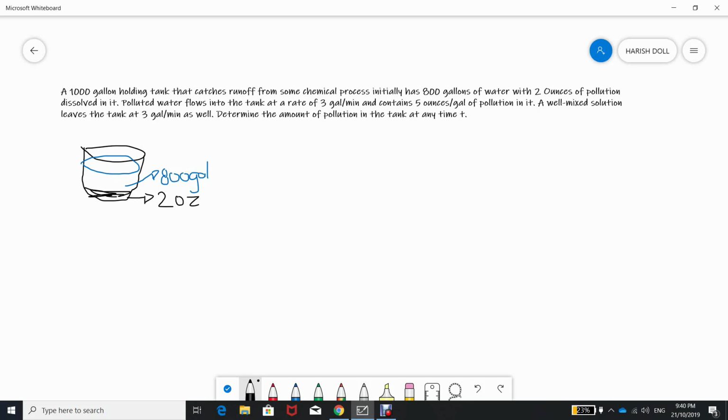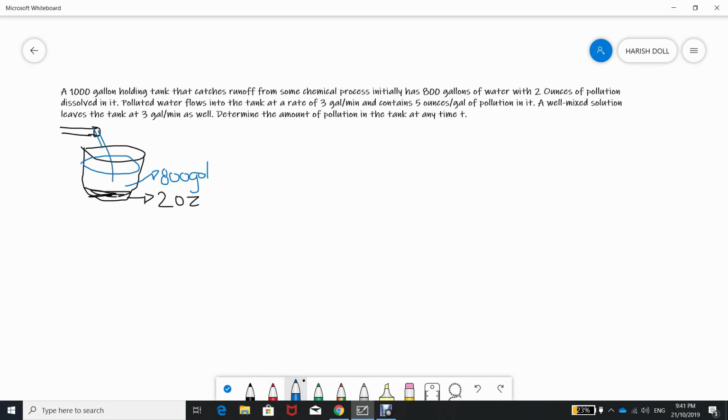Now, polluted water is flowing into the tank at a rate of 3 gallons per minute and contains 5 ounces per gallon of pollution in it. Now, we'll say that there's a tap or any water reservoir which is putting the polluted water inside the container.